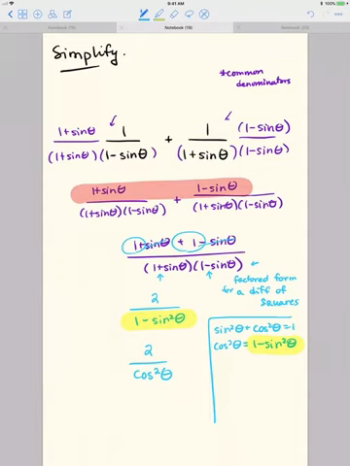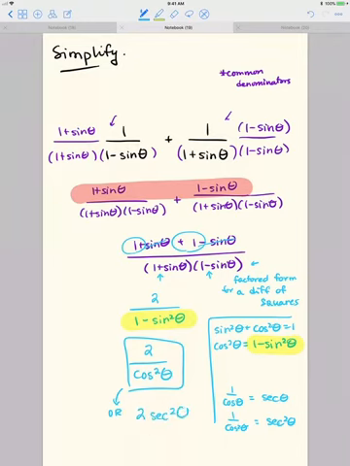So one potential answer is 2 over cosine squared theta, or you could take this one step further because if you recall, 1 over cosine is the same as secant of theta. So 1 over cosine squared will be the same as secant squared of theta, and we could make this 2 times secant squared of theta, and both of those would be acceptable answers for this problem.